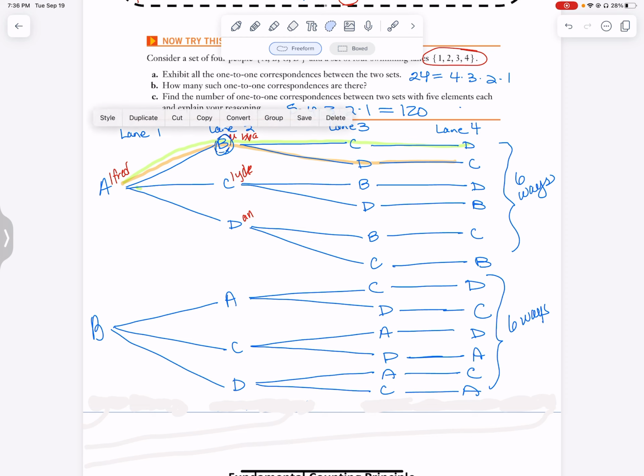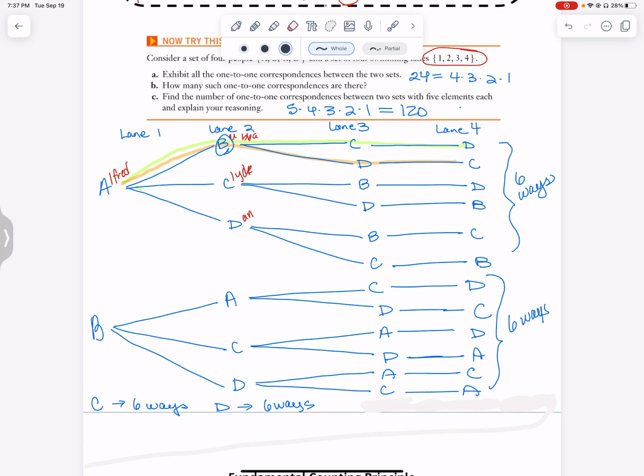Okay, so that's how those 2 switch. So we've got 6 ways. And then we could put Clyde in the first lane. Then we could put Dan in the first lane. So there's 6 ways if we had Clyde in there, and there's 6 ways if we had Dan in there.